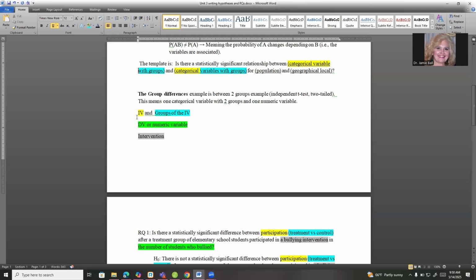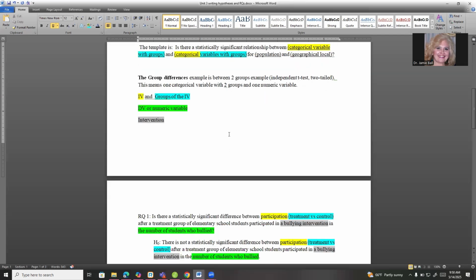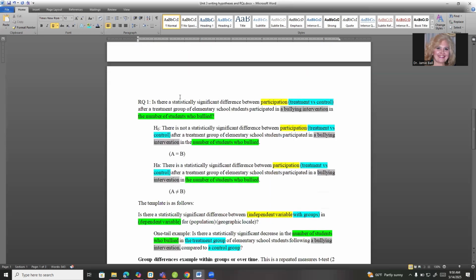But this has one independent variable, and there's two groups of the independent variable, a dependent variable, which is numeric, and the intervention, because most of the time group differences are looking for differences between groups. There's not always an intervention. Mine has one.